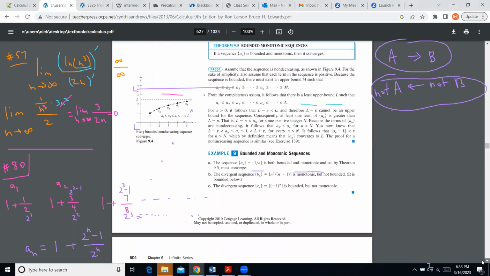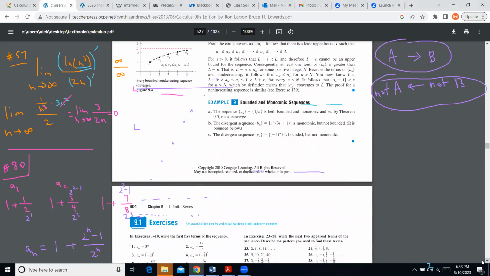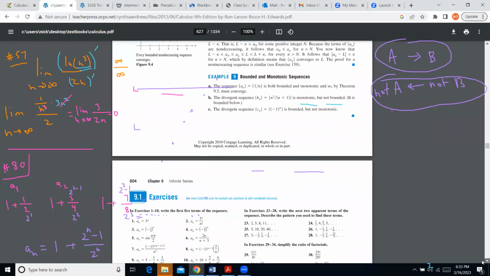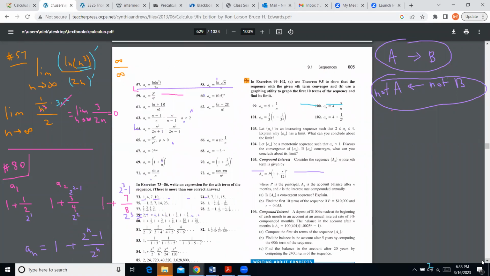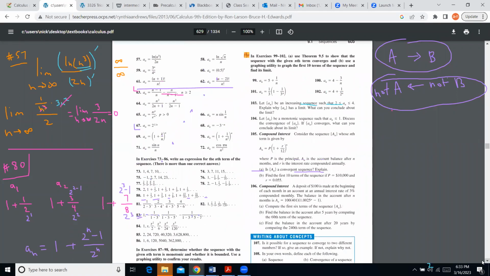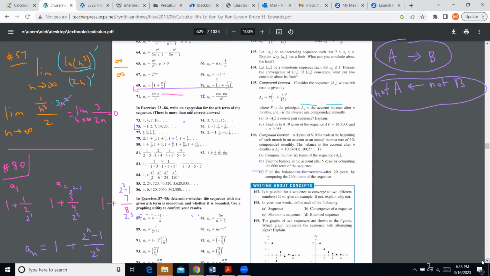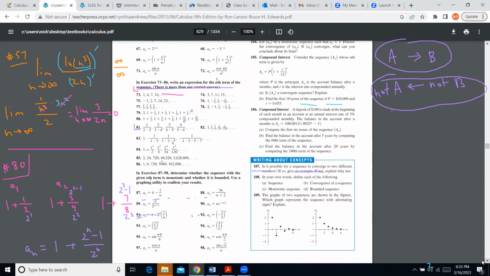So, monotonic and bounded sequences. I guess that's pretty much all this little section contains. As long as you have the formula for the nth term, then everything is nice. You can describe it.